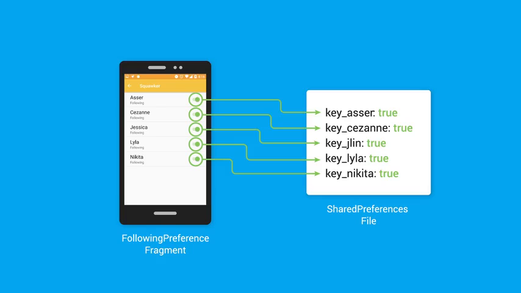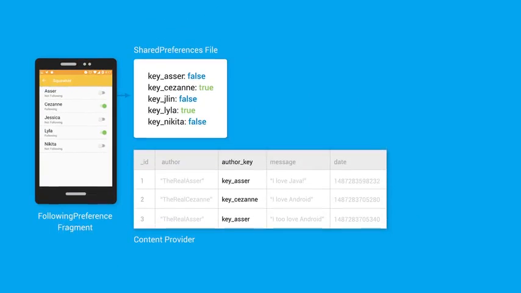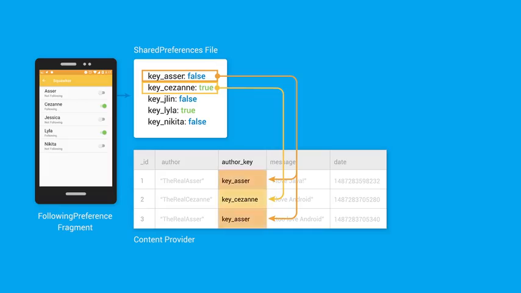That means that every time I flip a switch here, a value in the shared preferences file is changed. Specifically, the preference I change has the key underscore and then the instructor's name. Now this key is important because it also matches a key stored in my Squawk content provider database. And that's in this author key column here.